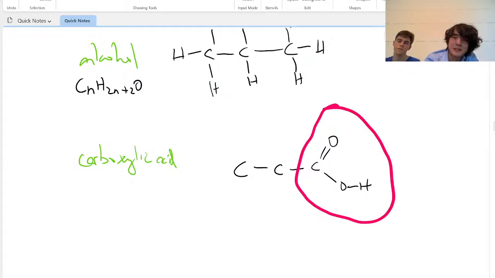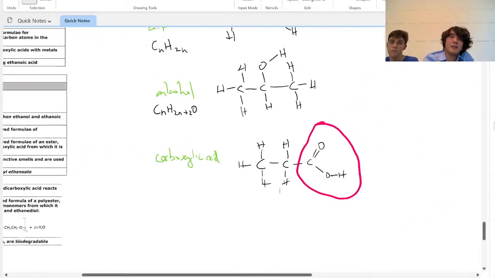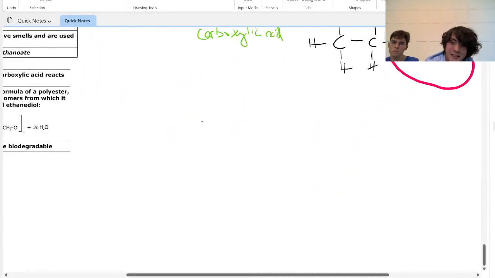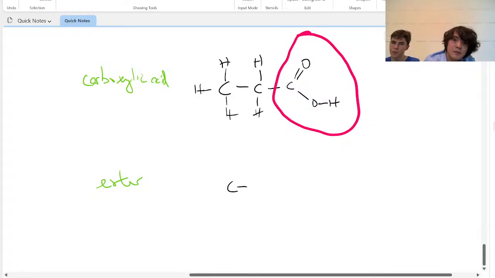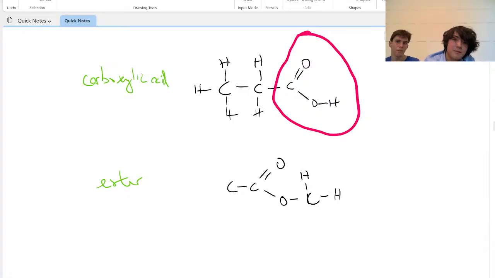This one has a C that has a double bond to an O, that has a single bond to an O, that also has a single bond to an H. For carboxylic acids, if they react with metals, they react like a normal acid, so one of the hydrogens will get removed and it will be like ethanoate or methanoate. So it'll be like lithium methanoate.